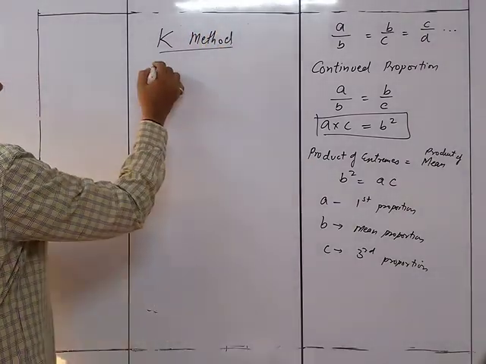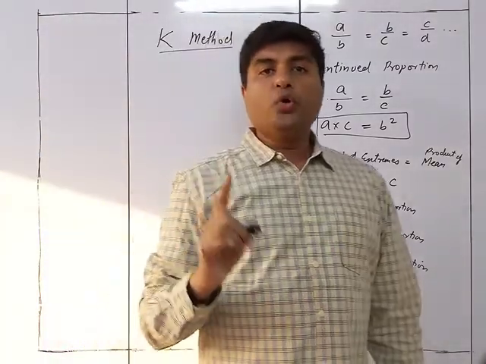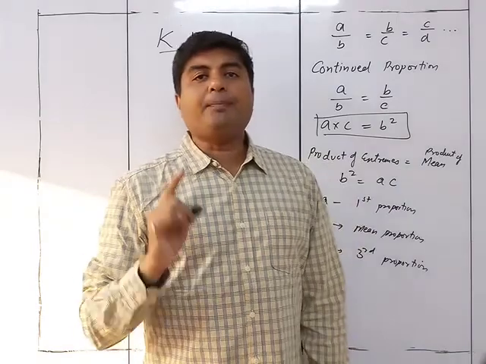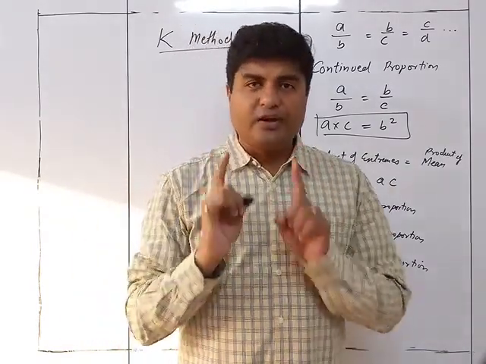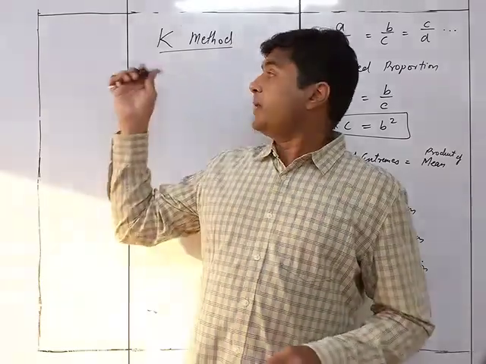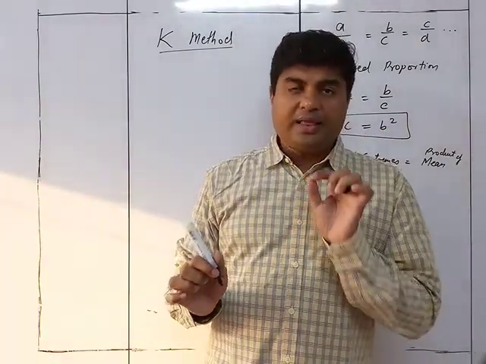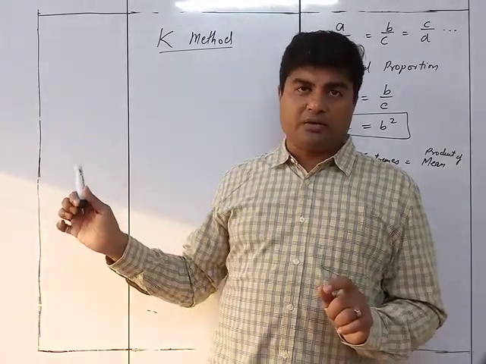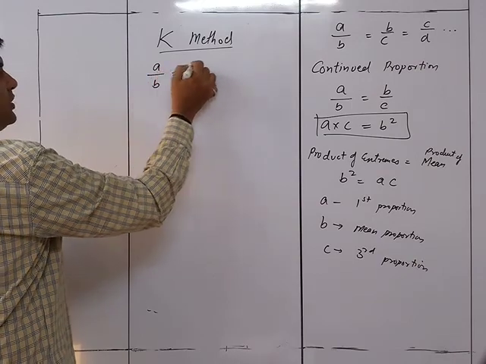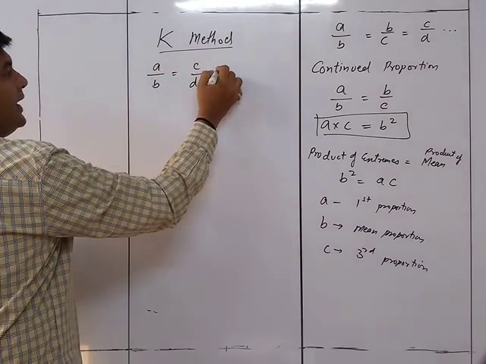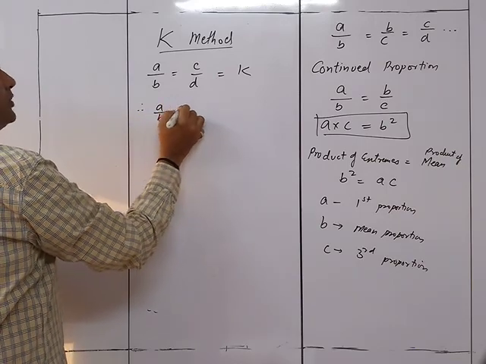K method is to be used for prove that when A upon B is equal to B upon C, or A upon B is equal to C upon D is given to you as proportion. If it is given that A upon B is equal to C upon D, then I am going to use K method. What is K method? I know here that A upon B is equal to C upon D. I'll take this is equal to K. Therefore, A upon B is equal to K.